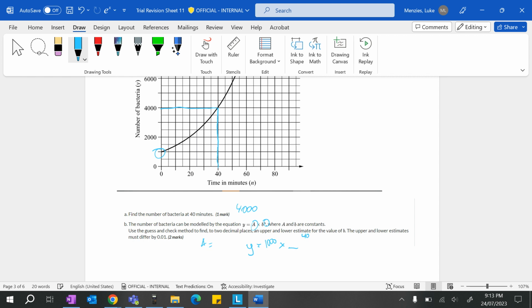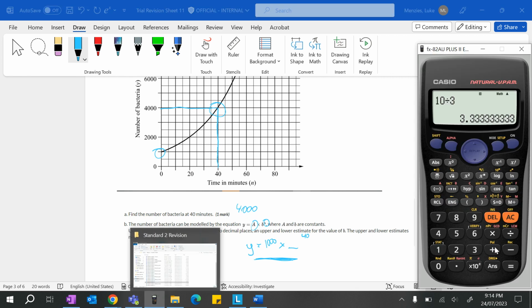Why am I going to say to the power of 40? Because I know what the answer is to the power of 40. I should get 4,000. So when we put this into a calculator, what I'm trying to do is pick a number that gets me very close to it.